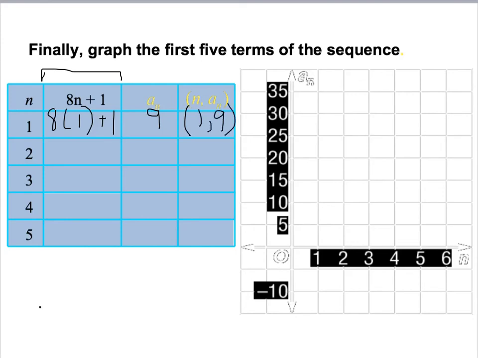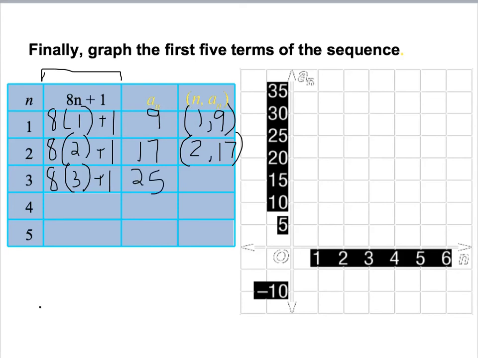Secondly, if I fill in the second term, I get 17, so the second term and the value is 17. Filling in the third term, I get 25. So here's the third term, and the value is 25.